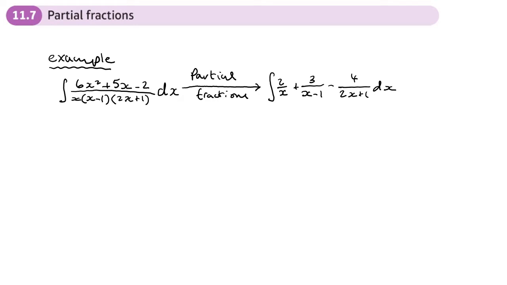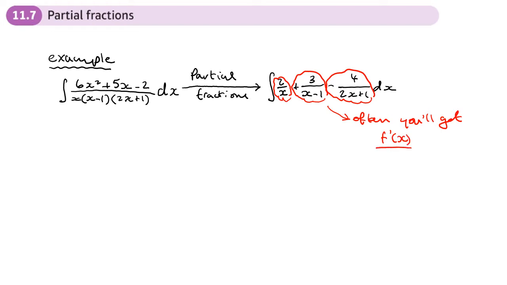Now we can integrate each one of these nicely, and for these ones, because of the pattern, and quite often with these, you'll get something of the pattern where it's like this. So you remember that we try log of the bottom.